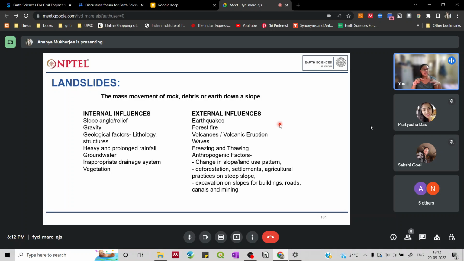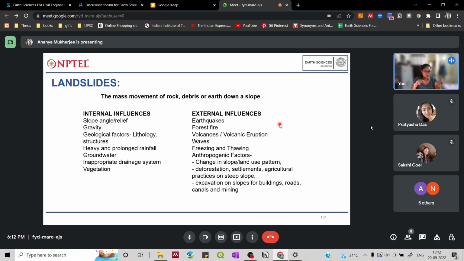The water easily runs off because of the cemented grounds, and the maximum outflow of water can cause high runoff and then high erosion, and that will eventually cause landslides later on. And also excavation on slopes for buildings, roads, canals, and tunneling.